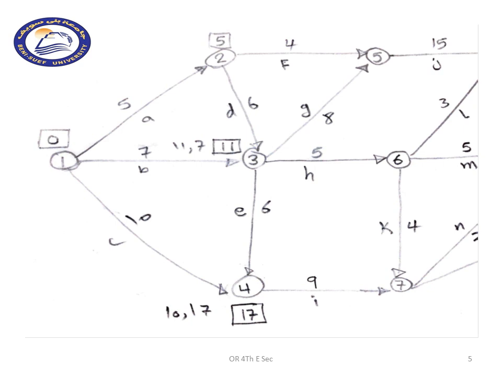Going from node 1 to node 2, there is only one activity that will take 5 weeks.